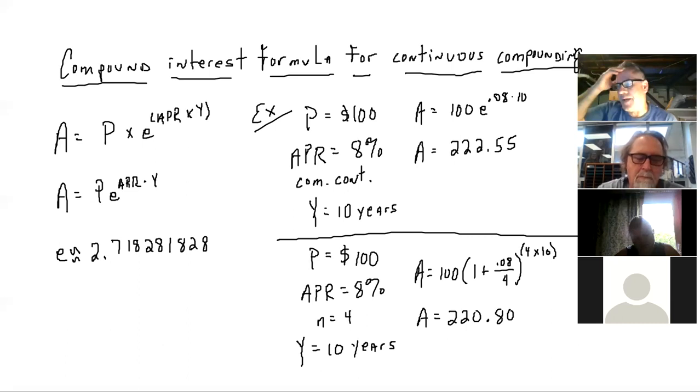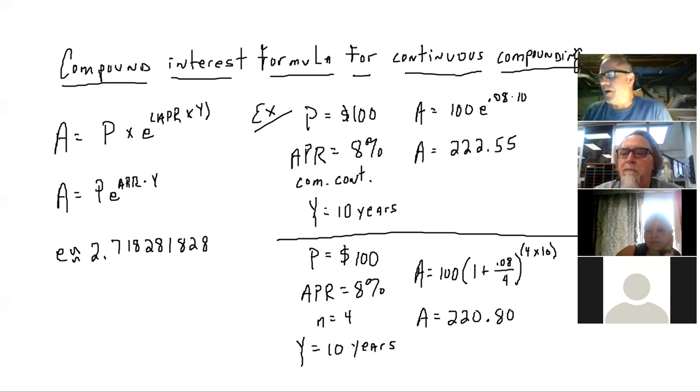All right. Number 9 now starts to compare simple interest and compound interest. And you've got to fill in a table.